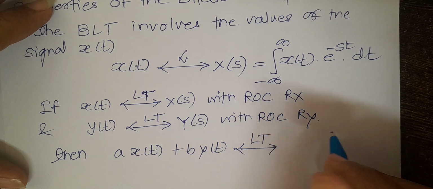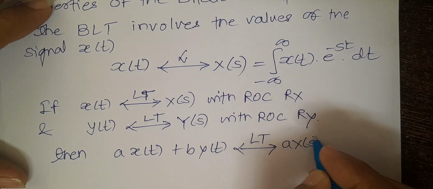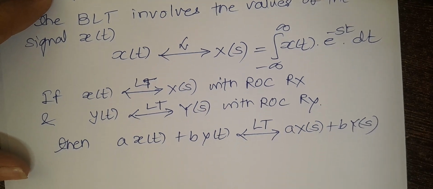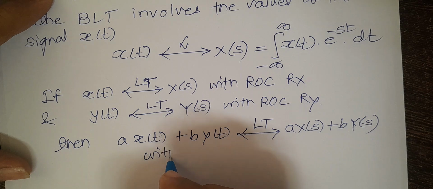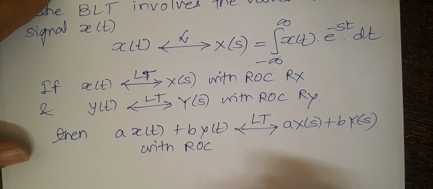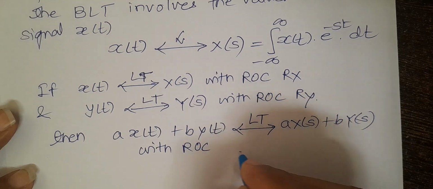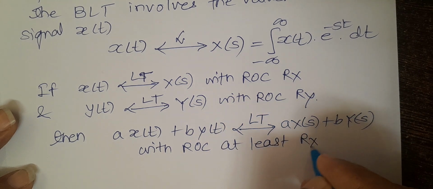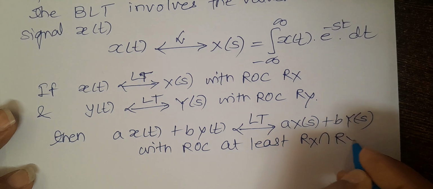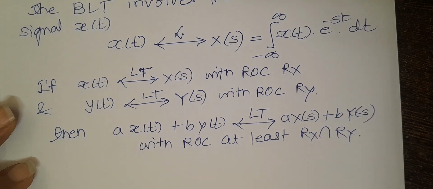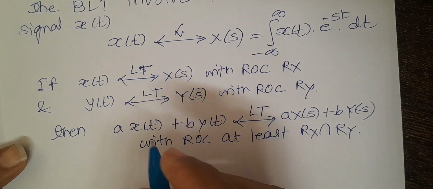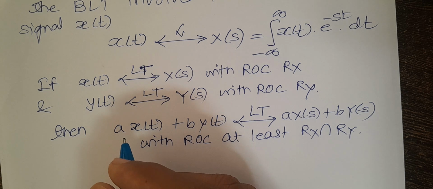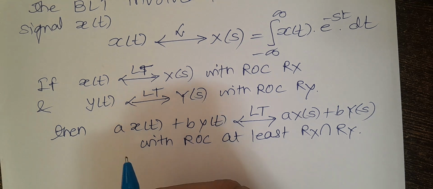The Laplace transform of this is equal to a into x of s plus b into y of s with ROC at least Rx intersection with Ry. So the ROC for a sum of signals is just the intersection of the individual ROCs.